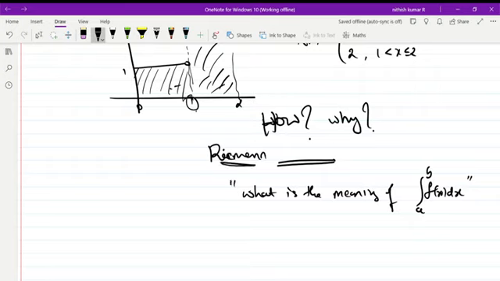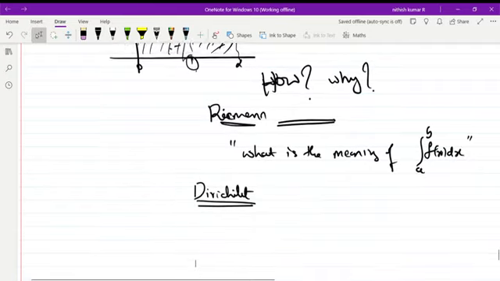His research thesis title is, what is the meaning of this? And when he was writing this research thesis, his guide was Dirichlet. He is also one of the famous mathematicians. You will come to know about him in the next incoming classes.